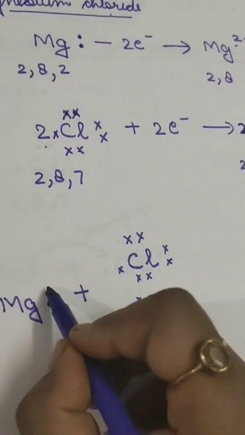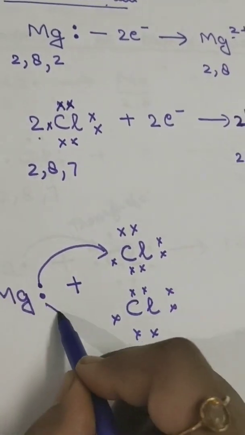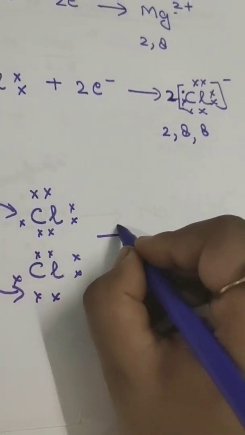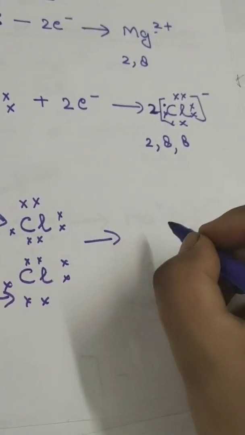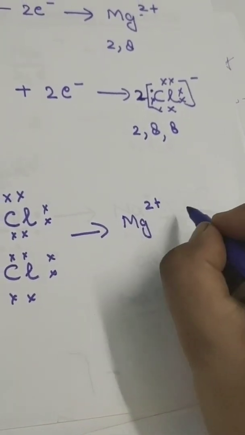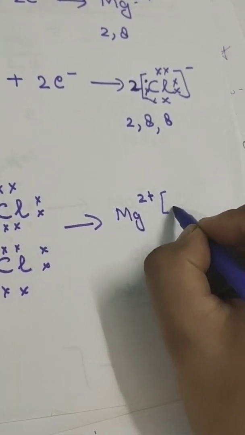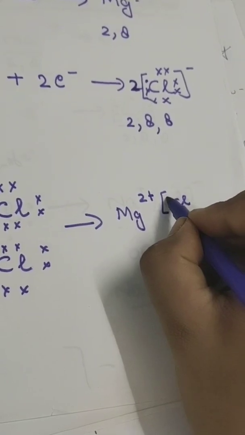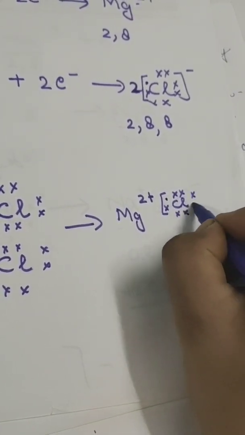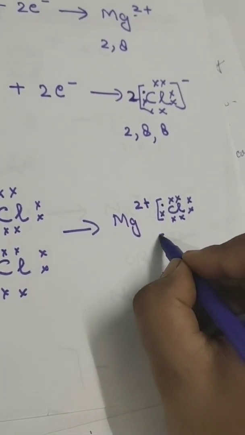Okay, so it will give 1 electron to here and 1 electron to here. So 2, and it will become Mg 2 plus, and this Cl, and here also 1 Cl.